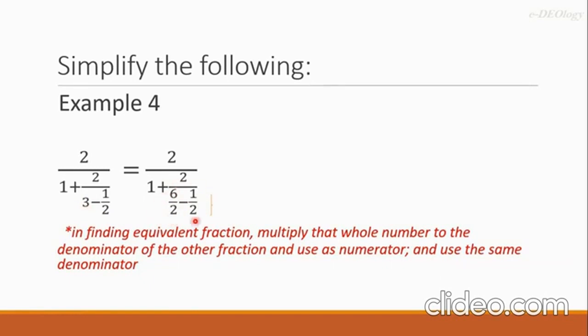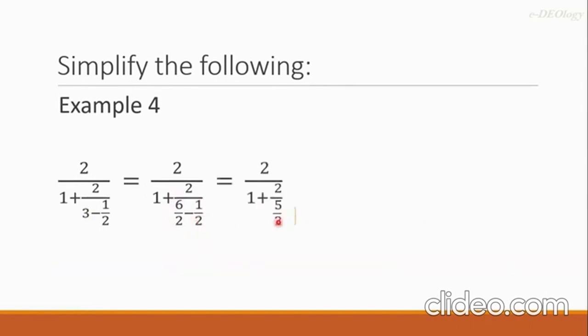Now, let us simplify this part. The 6 over 2 minus 1/2, we can write it to be 5 over 2. Now we're going to simplify this. The 2 up here is a whole number, at the bottom is a fraction. And we can write it like this.